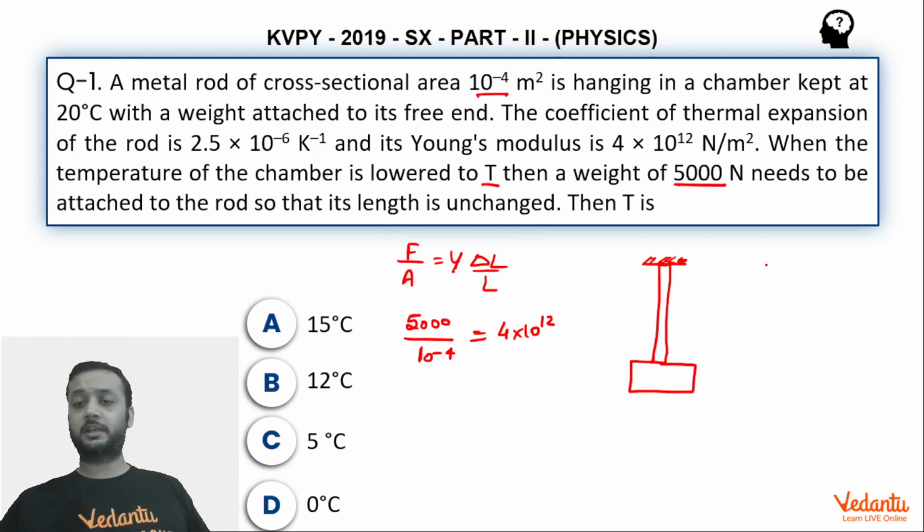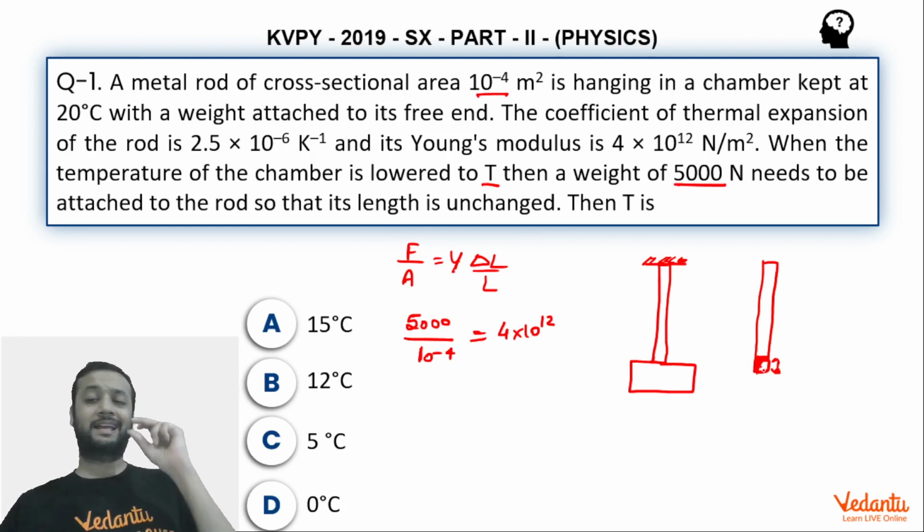So what I'm trying to say is, suppose rod wanted to decrease its length by this much amount, but we have not allowed the rod to do that. That means this length is creating the strain. Strain will correspond to this length. Okay, that means the length by which rod wanted to contract, that length itself is the strain. That length itself will create the strain.